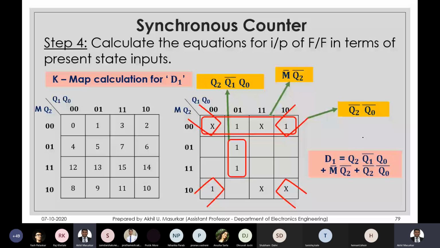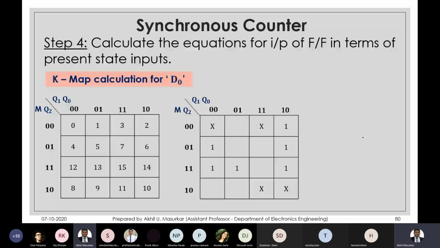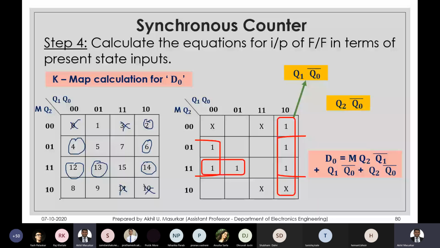Next, let's see the calculation of D0. Again, here you have don't care, don't care, don't care, and don't care. And at positions 4, 12, 13, 2, 6, and 14, you can see ones in the table. So we'll get one quad here, another quad here.